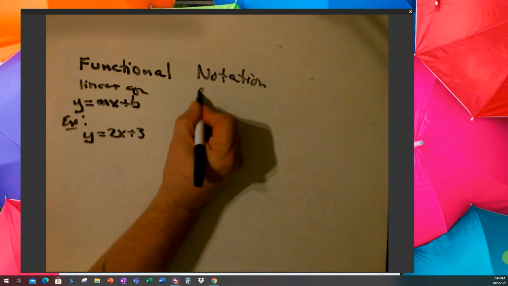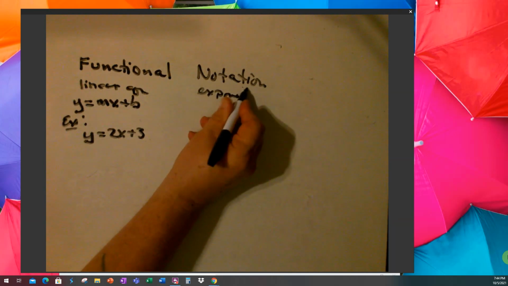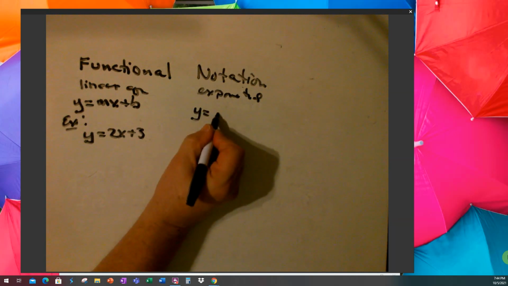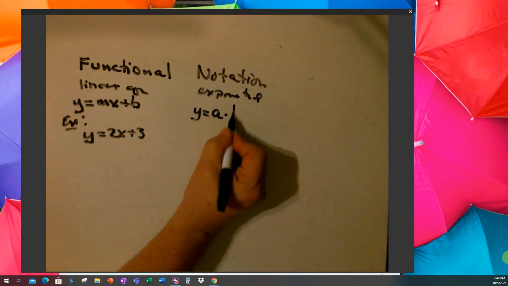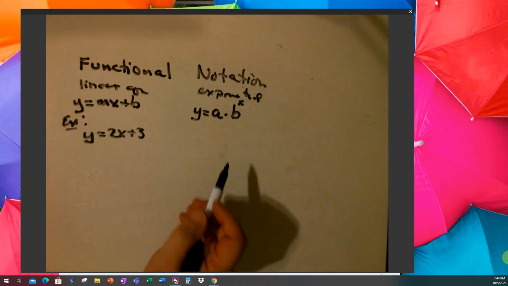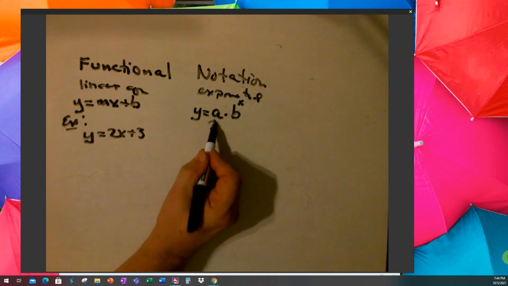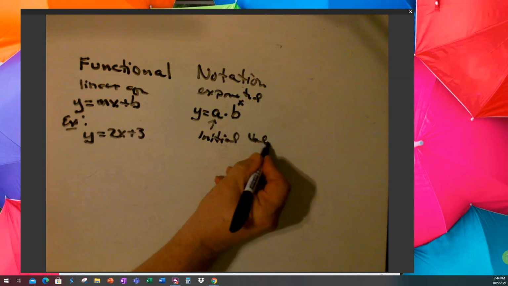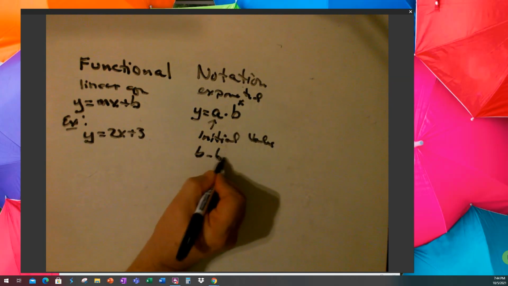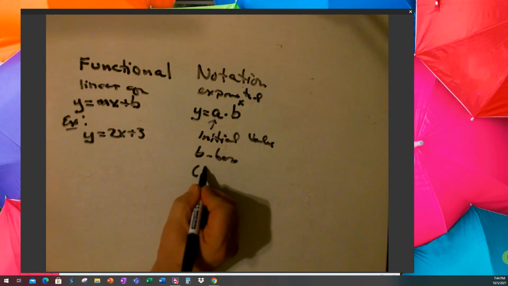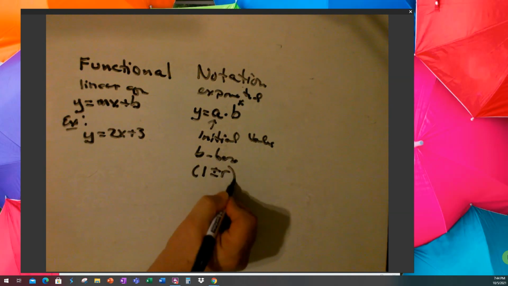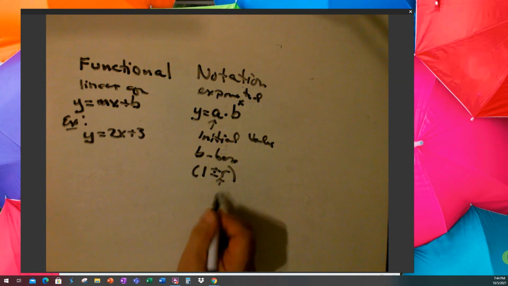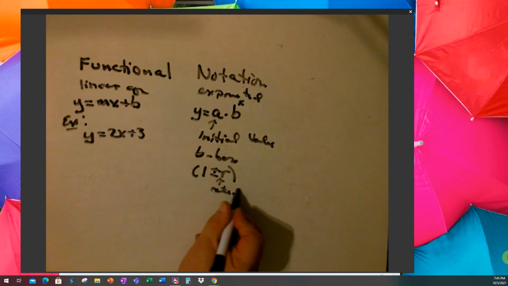And then we looked at exponential growth and decay, and that looks something like y is equal to a times b to the x. A was some initial value, and then b was the base, just some general base. And this was 1 plus or minus r is the way we use that. So r was the rate of growth or decay.